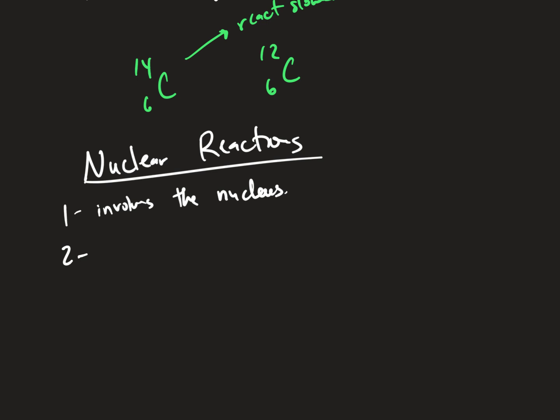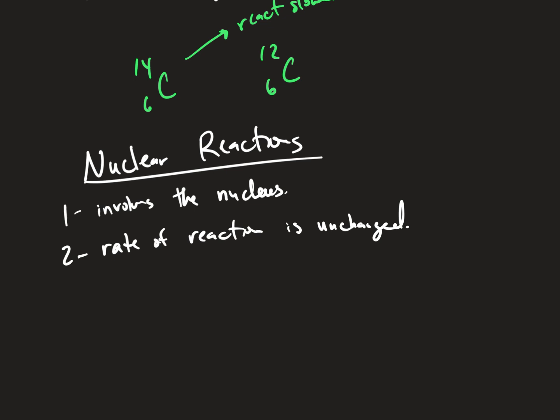Okay, the rate of reaction is unchanged with increase in temperature, if you increase surface area, all the things that will change the rate of reaction for a chemical reaction, that doesn't affect nuclear reactions. So the rate of reaction is unchanged. That makes sense?